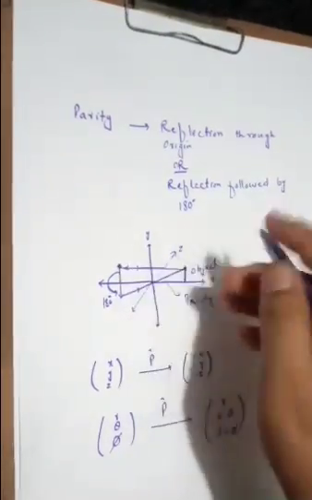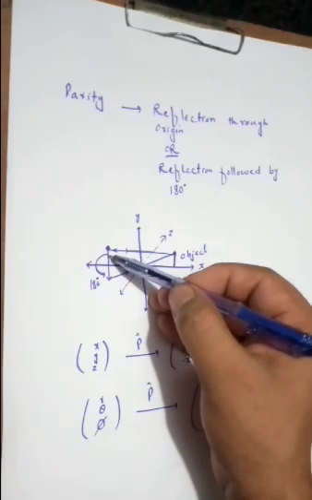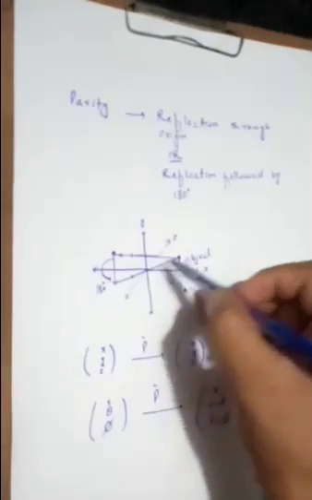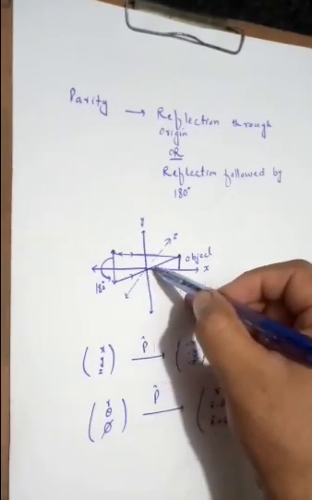Here we can see in the mirror, if we rotate this reflection by 180 degrees, now this reflection is called parity. That is the reflection now passing through origin.